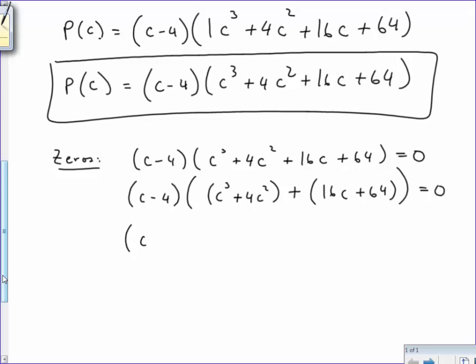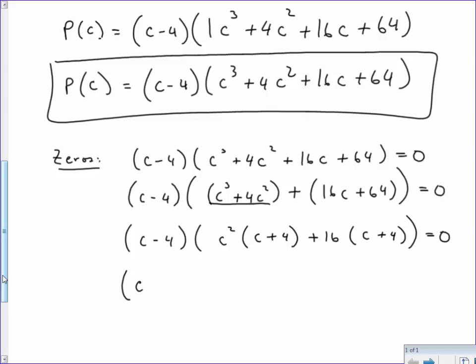The c minus 4 in the front is finished. From the first group that I've collected, the c to the third plus 4c squared, we notice there is a c squared in common. So I'll pull out a c squared, and we'd be left with c plus 4 after we factor out. And then from the 16 and the 64, we notice we have a 16 in common. So we'd factor out a 16. I'd be left with a c plus 4.